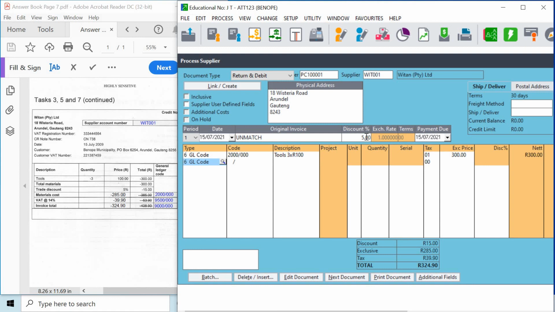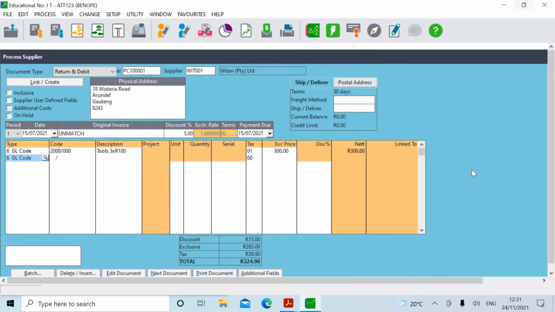Discount is 15, exclusive price is 285, the corrected pricing, tax is 39.90, and the total is 324.90. Our supplier credit note is correct.